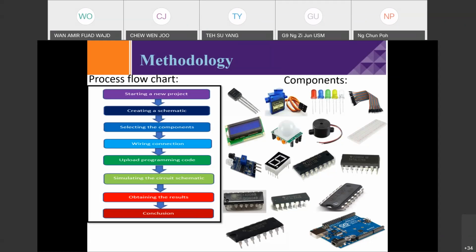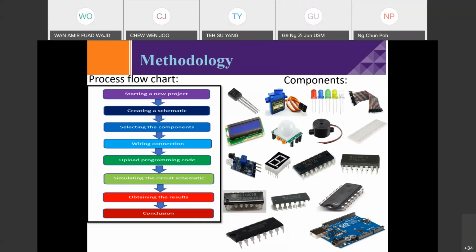So over here we have our process flow. First, we start our project. Then we design our schematic inside the Proteus software. Next, we select the components that are necessary for our mini project.